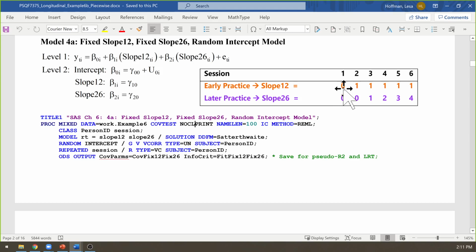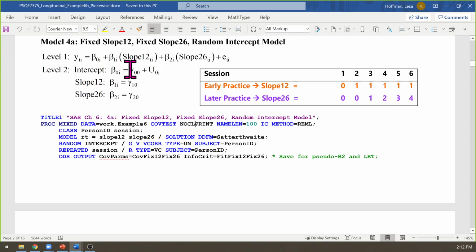The orange variable then, my slope 1,2 as I'm calling it, goes from 0 to 1, but then it shuts off at 1. And then the purple one, slope 2,6 as I'm calling it, picks up where orange shut off to then capture the rest of the trajectory. So it's like one decrease and then a lesser decrease after that.